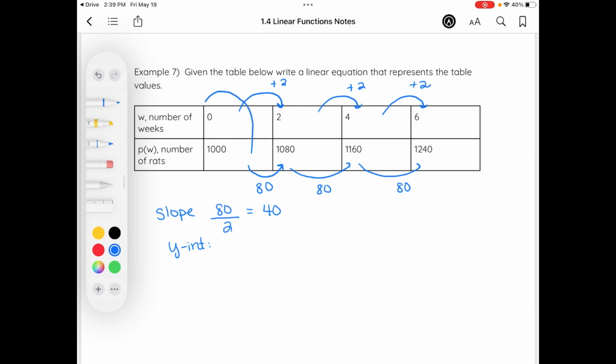And I noticed that my y-intercept, what happens at 0 weeks, what is our base start? And our y-intercept is 1,000 rats. Thus, our formula for the equation is P of W is equal to 40 times the number of weeks plus our base rate of 1,000.